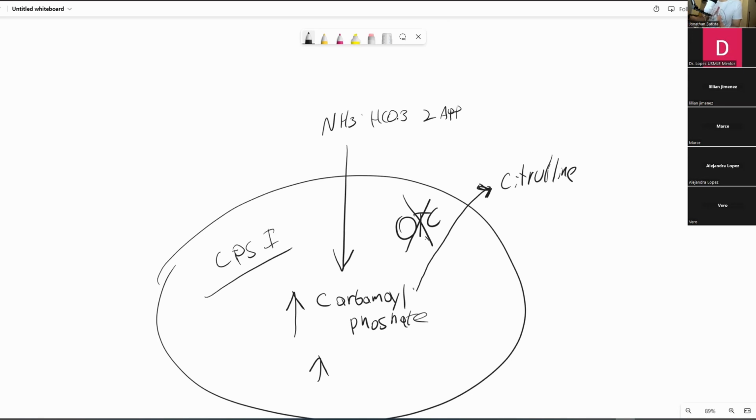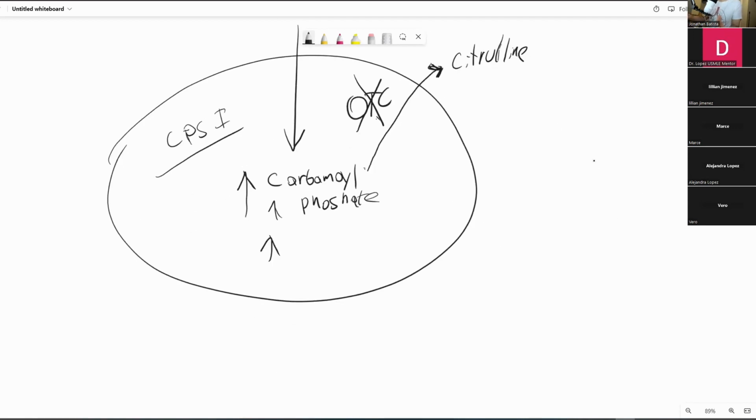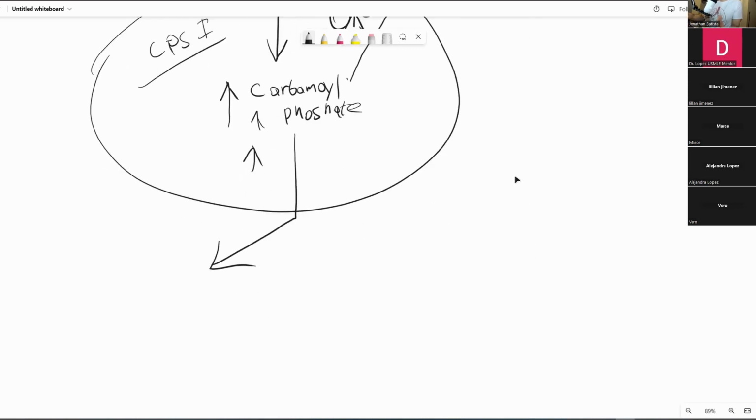So you're making more and more carbamoyl phosphate, and eventually it starts to leak. It starts to leave the mitochondria. So notice this. When carbamoyl phosphate leaves the mitochondria, this is where we have the slight connection here. Not of any enzymes from the other pathway, but this is what ends up happening.